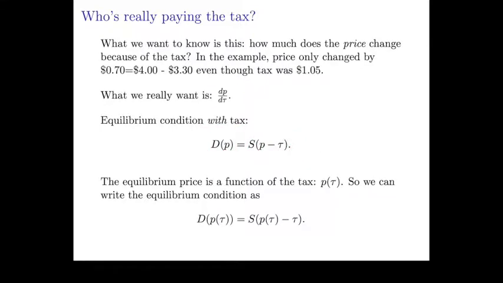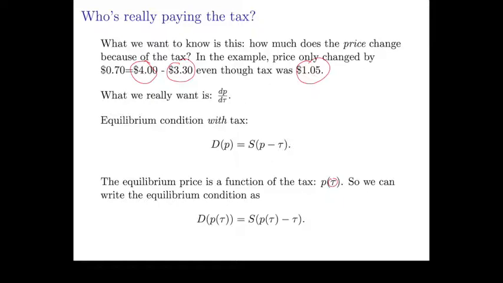So the equilibrium price is going to depend on the tax. If there's no tax, if tau is 0, then the equilibrium price is $3.30. If the tax is $1.05, then the equilibrium price is $4, and so forth.